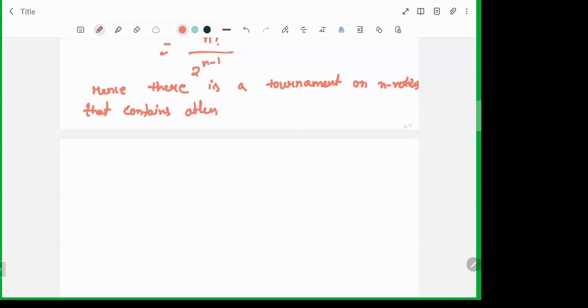We have proved n factorial by 2 to the power n minus 1 paths. So we are done.